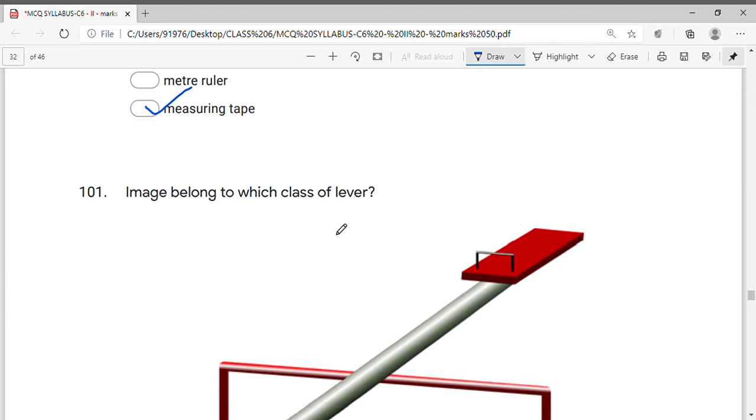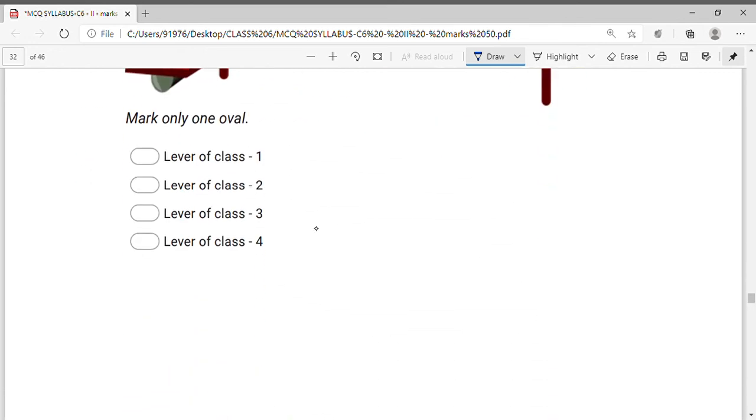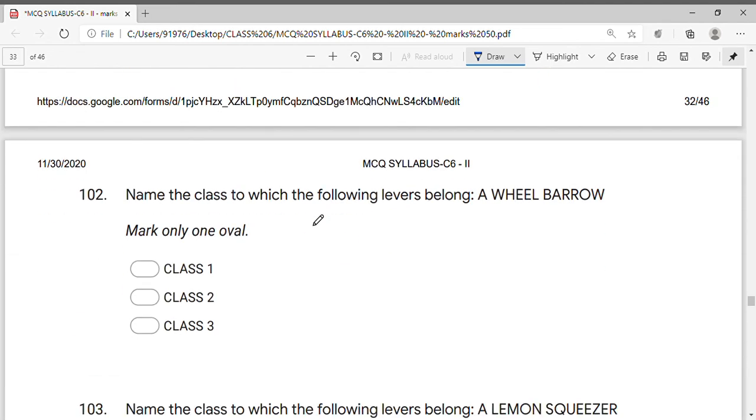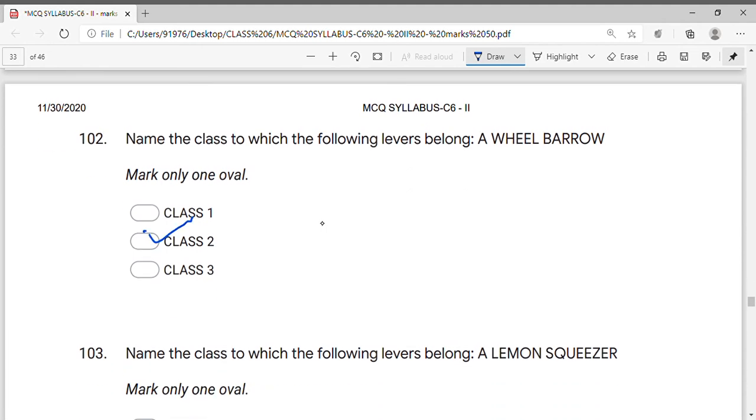The image below, to which class of lever? This is a beam balance, so it belongs to class 1 lever. Name the class to which the following: wheelbarrow, class 2 lever.